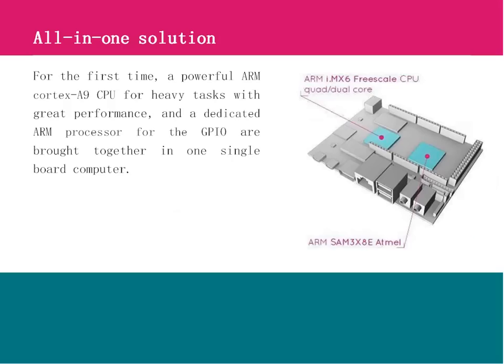And the other one is a dedicated processor for the Arduino side. Actually, it's the same processor you will find on the Arduino board. So it's quite powerful for handling sensors, motors, actuators in real time. And this is something really interesting. We are going to get into that later on.